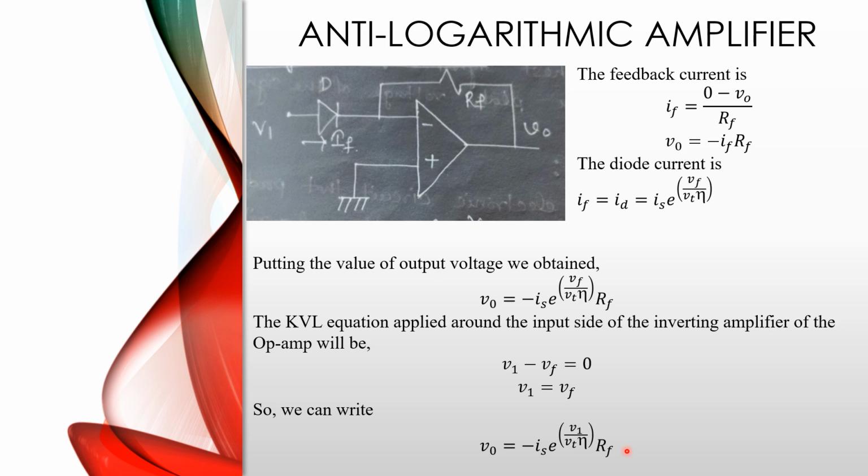Then in this output voltage equation, we have to replace this Vf value by V1 value. So we get V0 equal to minus Is Rf e to the power V1 divided by eta Vt. That means anti-logarithmic amplifier is an electronic circuit that produces an output that is proportional to the anti-log of the applied input. Right?